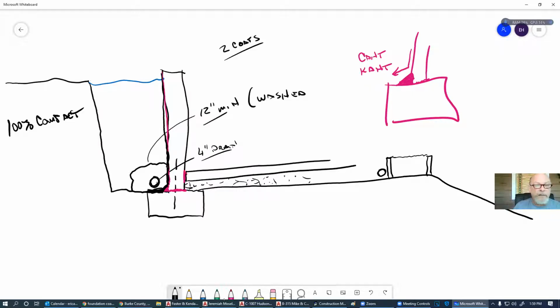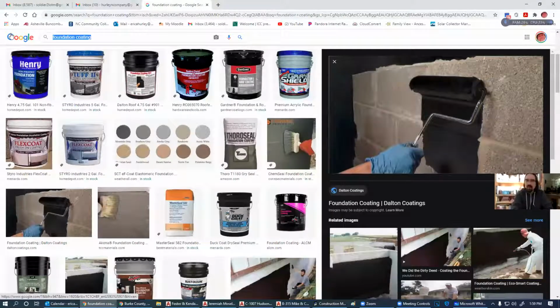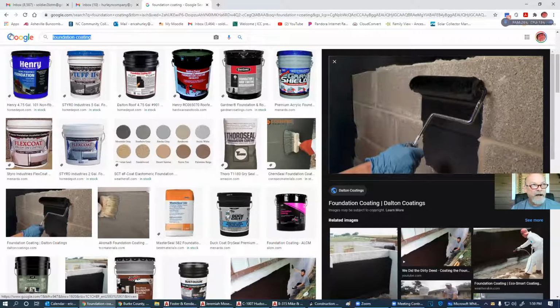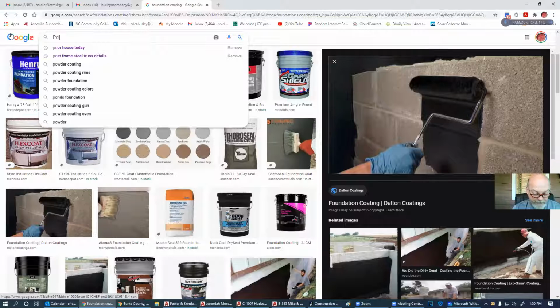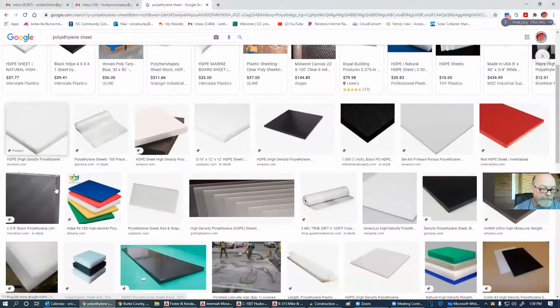So the next thing that we would put on is PVB. Anybody have any idea what PVB is? Polyvinyl backing. Okay, close. It is a polyethylene sheet or plastic.